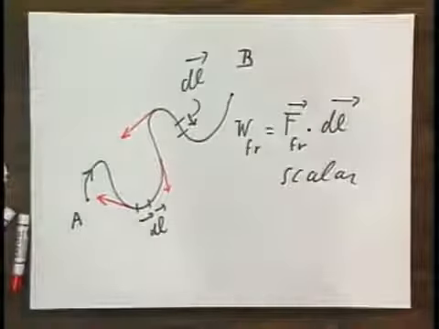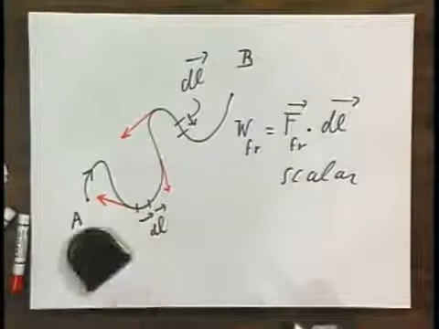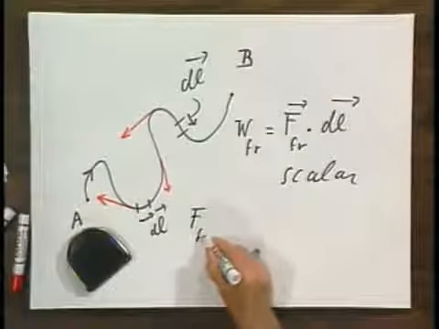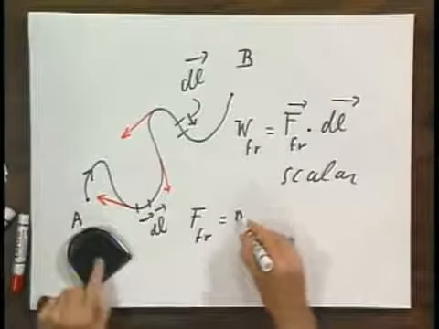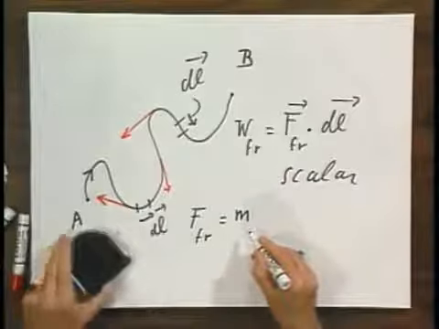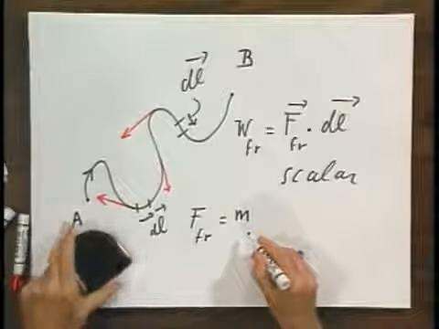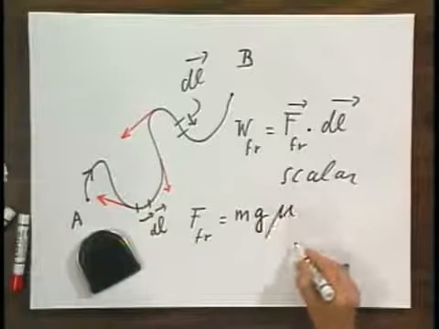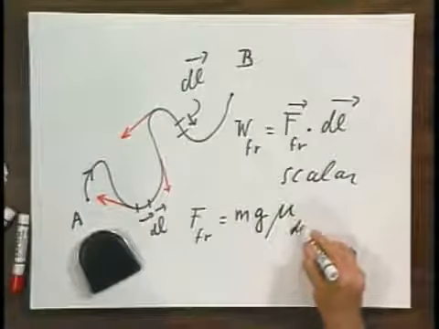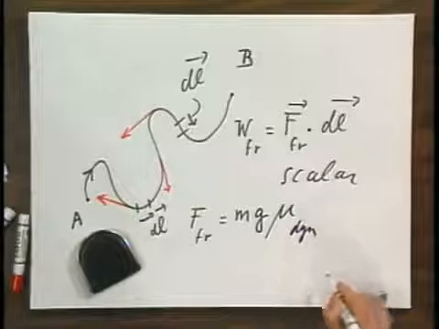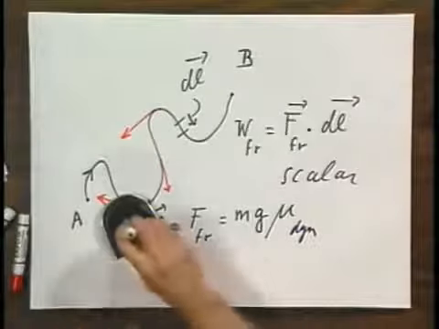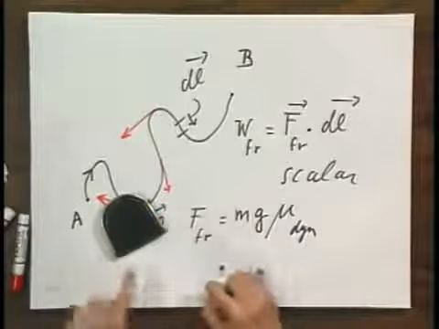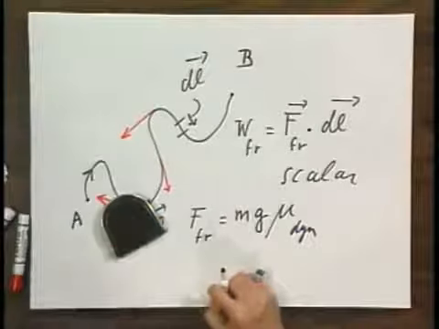In the case of my purse, the frictional force would be the mass of my purse. It's not too much, is it? Times g, times the kinetic friction coefficient. It's the normal force which the pad pushes up so that the object stays in place.